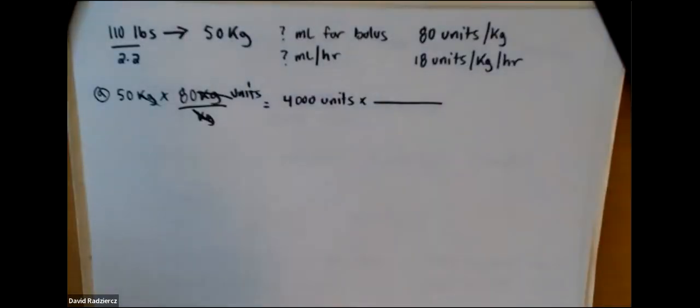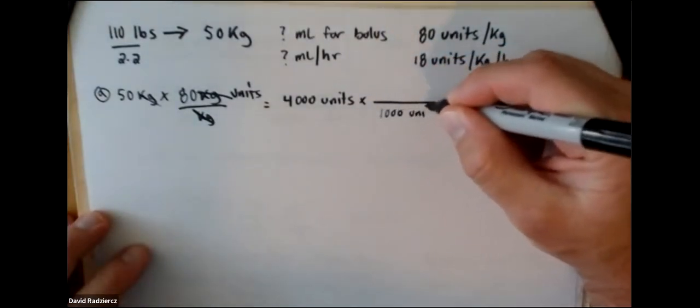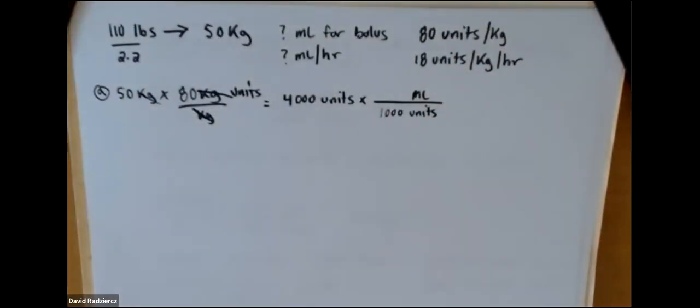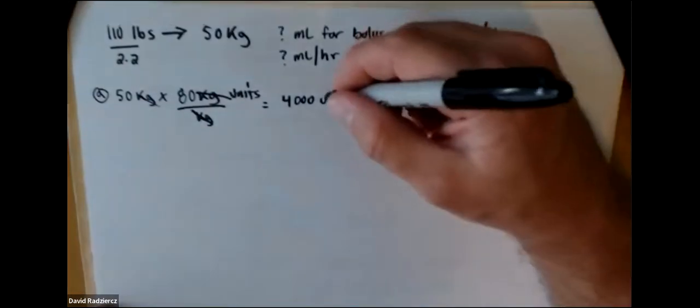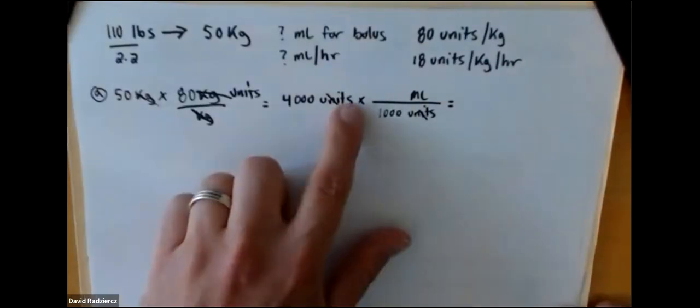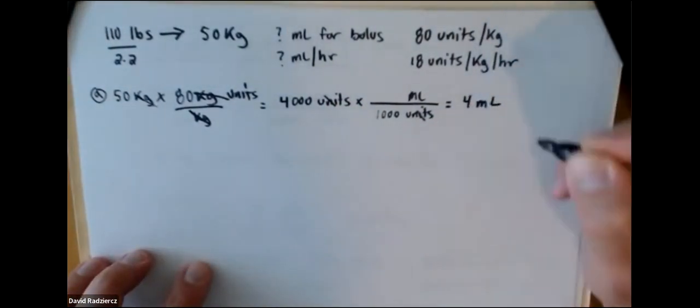So my bolus dosage strength was 1,000 units per milliliter. 4,000 divided by 1,000 will give me 4 milliliters.